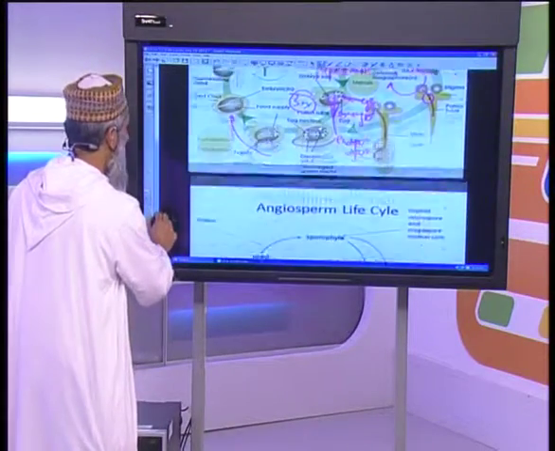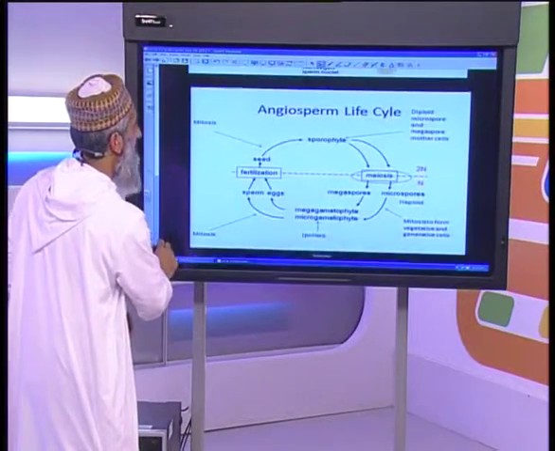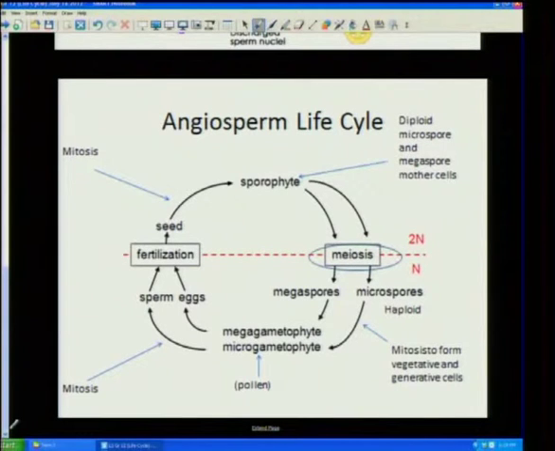Just to show you a line diagram of the similar concept, this is what we are seeing here. What we're having is the sporophyte generation undergoes meiosis, forming the megaspores and the microspores. These are N, that is 2N obviously. And these form the megagametophyte and the microgametophyte.